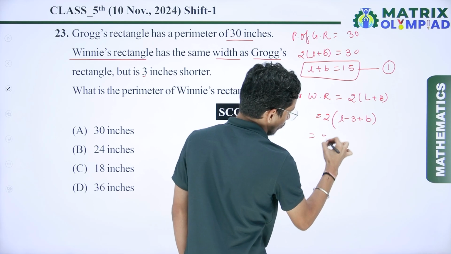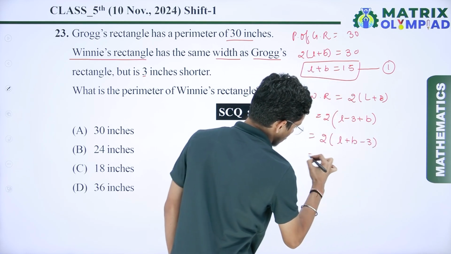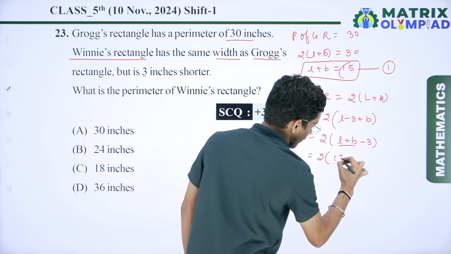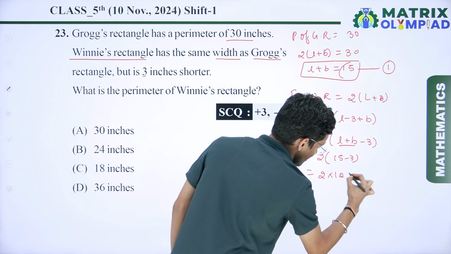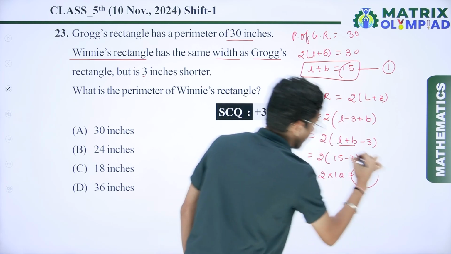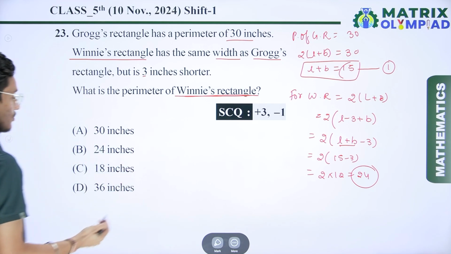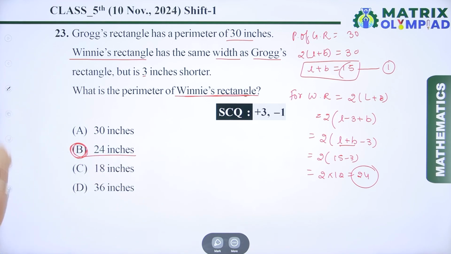So I can write 2 bracket length plus breadth minus 3. Length plus breadth we are given as 15, so 15 minus 3. So 2 multiplied by 12, that is 24. The 24 is Vinny's rectangle's perimeter, so 24 inch. So option number B is the correct answer.